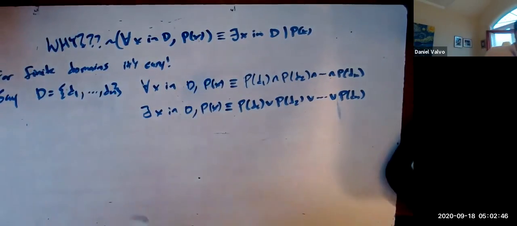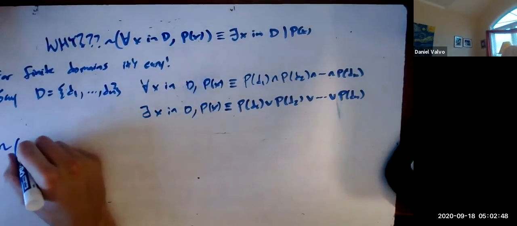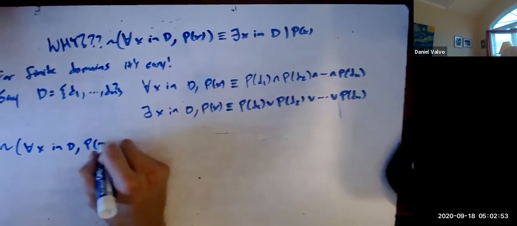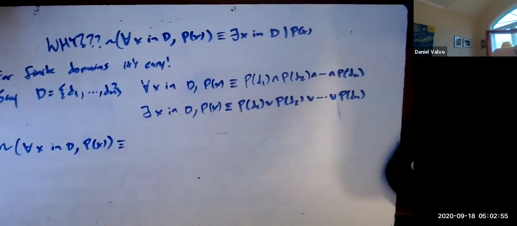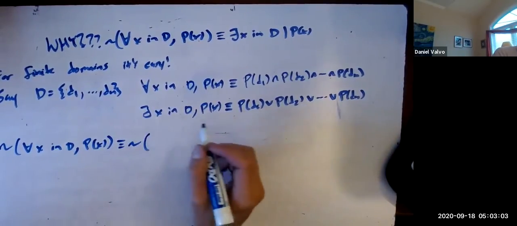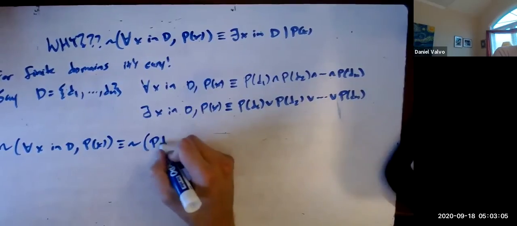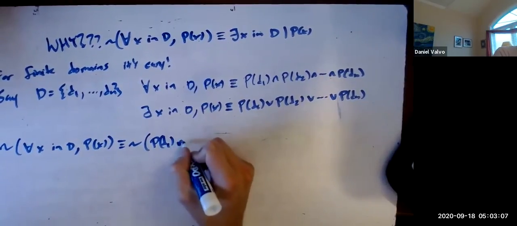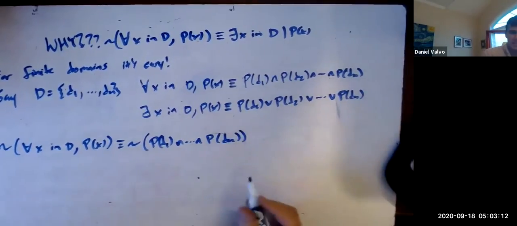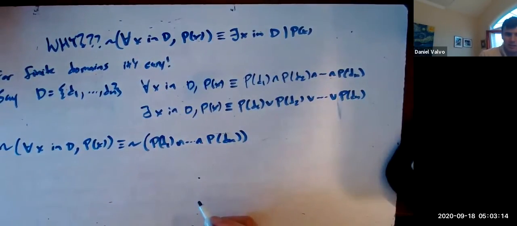So, let's think about this. The negation of for all x in D, P of x is equivalent to saying the negation of P of D1 and all the way out to P of Dn. There's a bunch of and statements strung together. But how do you negate ands?